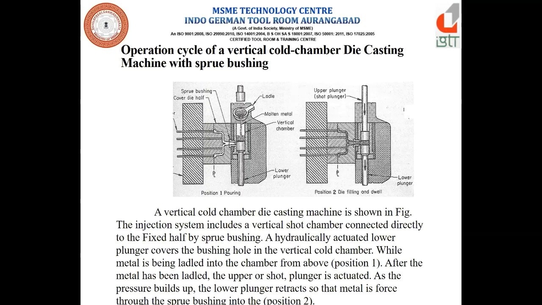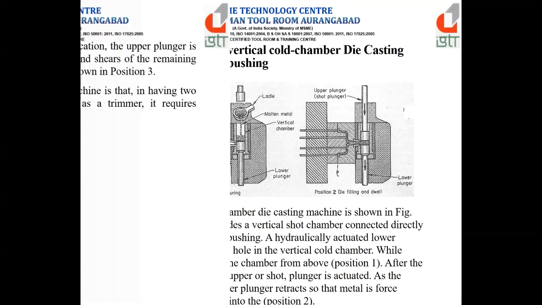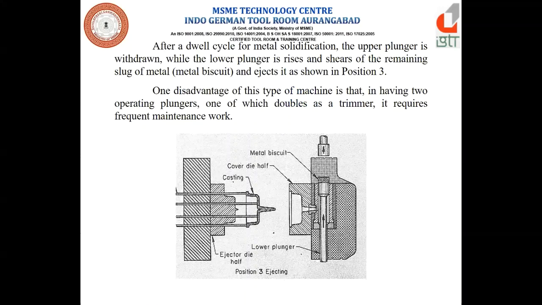As soon as the ladle pours the material in, the upper plunger starts moving downwards, and this forces the material into the die chamber. Once the solidification process is over, the lower plunger starts moving upward. This will break the extra material and eject the solidified metal biscuit out of the machine.